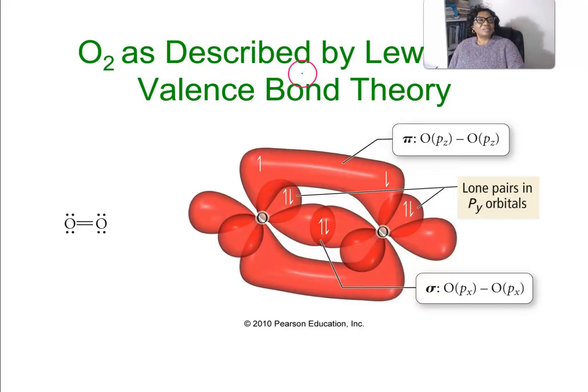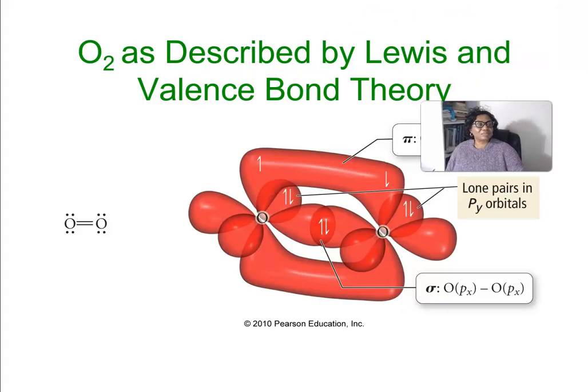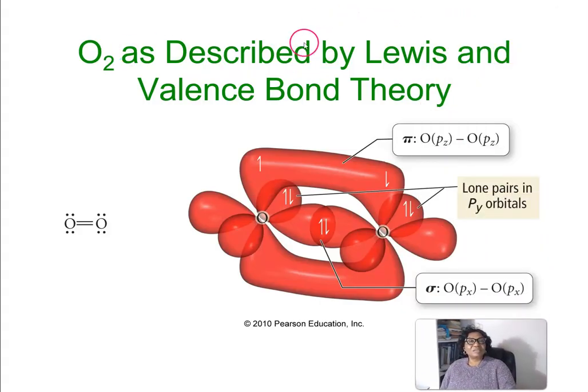This is oxygen as described by Lewis and valence bond theory. Look, it shows that they don't have unpaired electrons. It doesn't show the fact that it has unpaired electrons. You see, paired, paired, paired, paired.